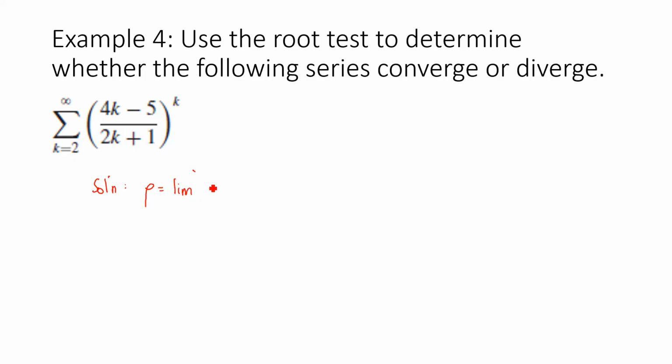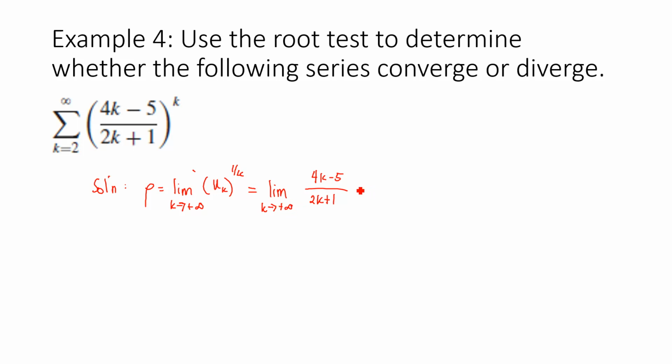of the quantity u sub k raised to 1 over k as k approaches positive infinity. So this is simply equal to the limit of 4k minus 5 all over 2k plus 1 as k approaches positive infinity.